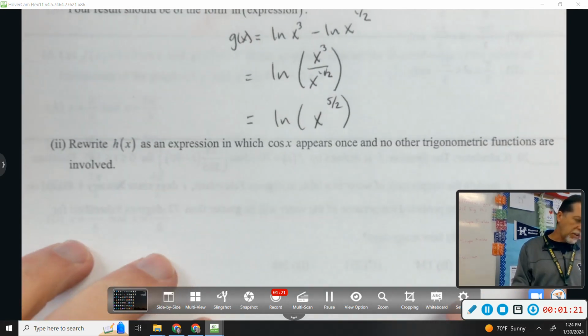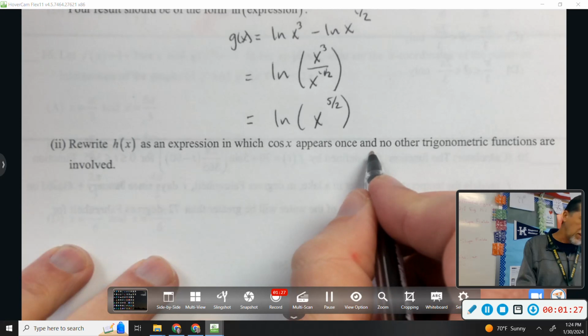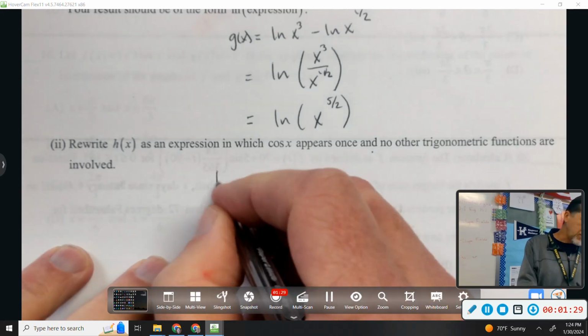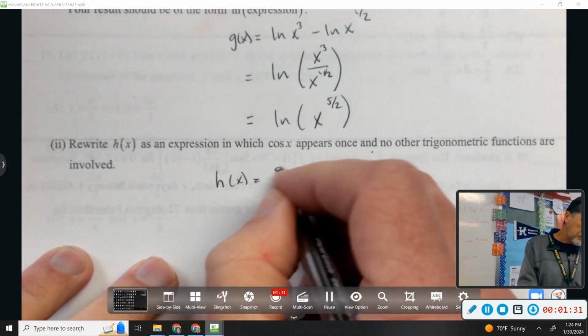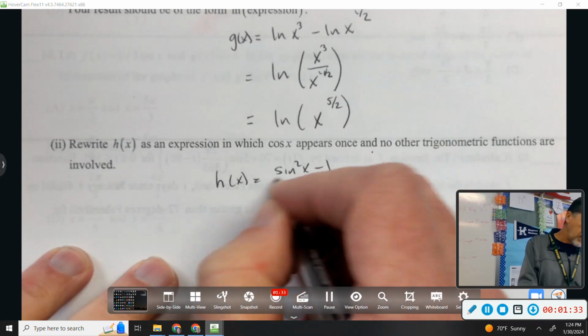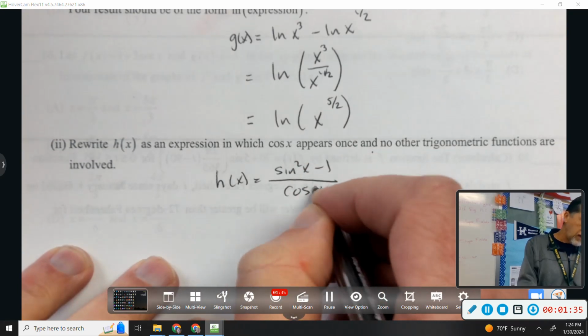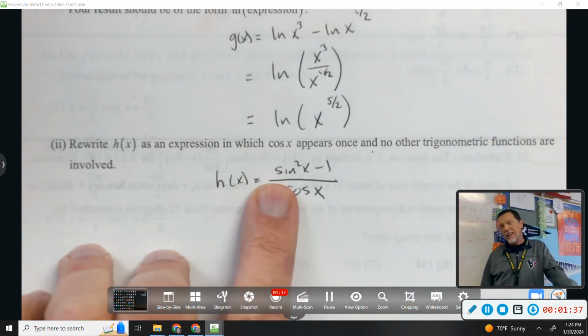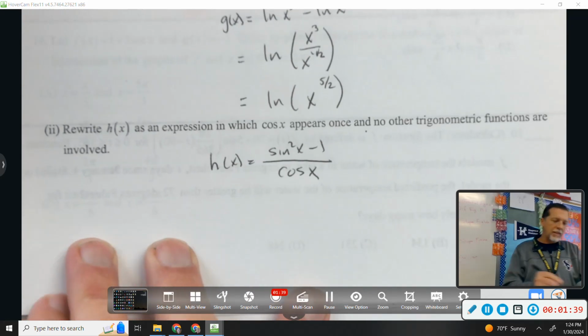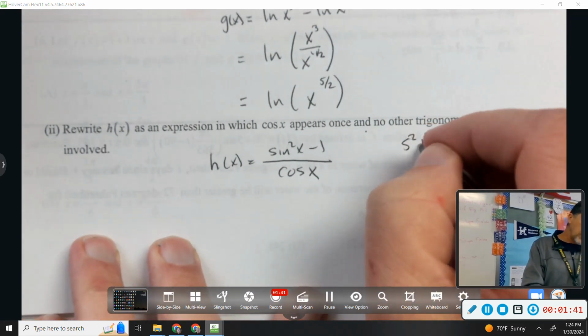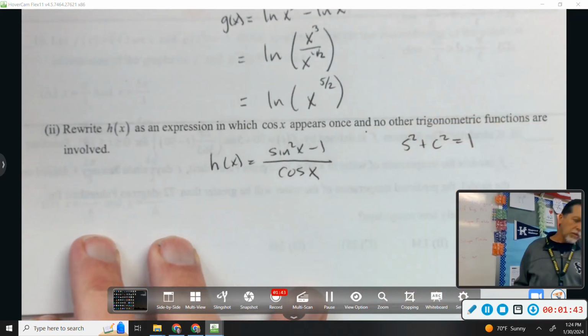Alright, H. This looks more like a trig thing going on. Rewrite H as an expression in which cosine x appears once and no other trig functions are used. Sine squared and 1, that's a pretty good hint that something's going on with sine squared plus cosine squared is 1.